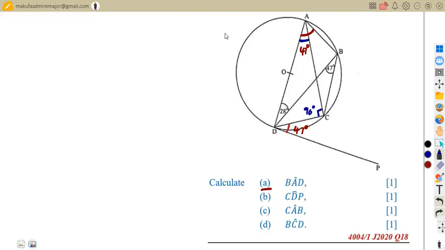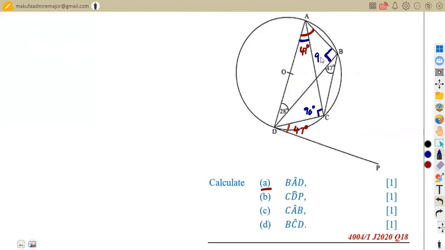How are we going to calculate this angle? What is going to be the concept in this case? We have a diameter that created the angle at C, which is 90. Also, the diameter AD is creating the angle at B, so this angle at B here is going to be 90 degrees.